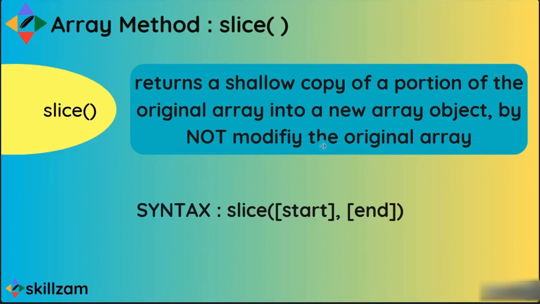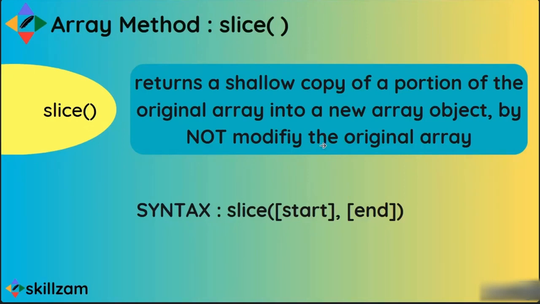It is like taking a substring out of a string. In the same way, slice will take a portion of an array and create its own new array. That is what the slice array method does.